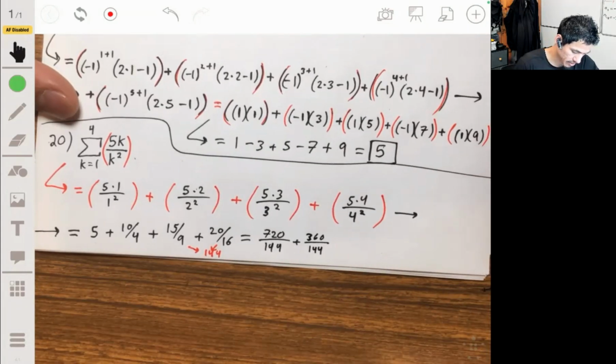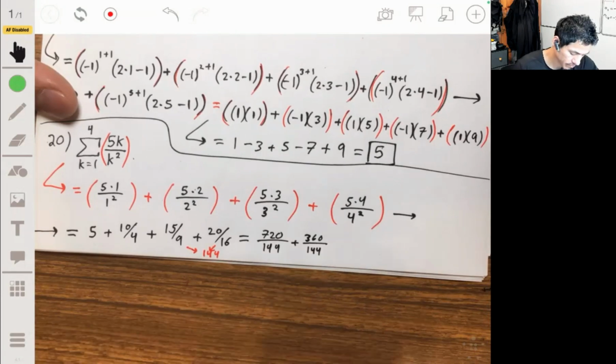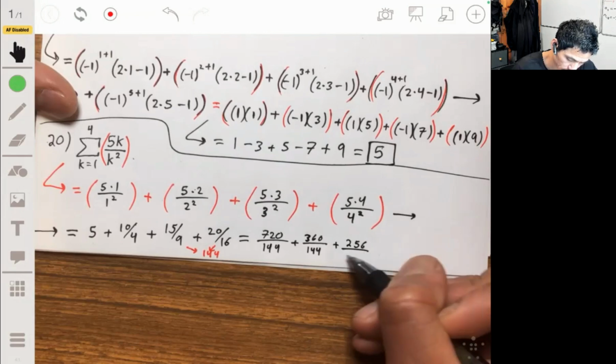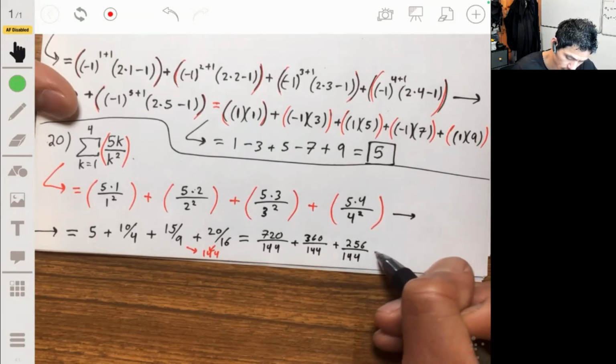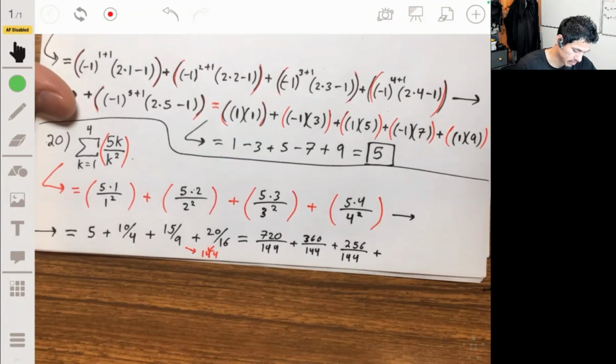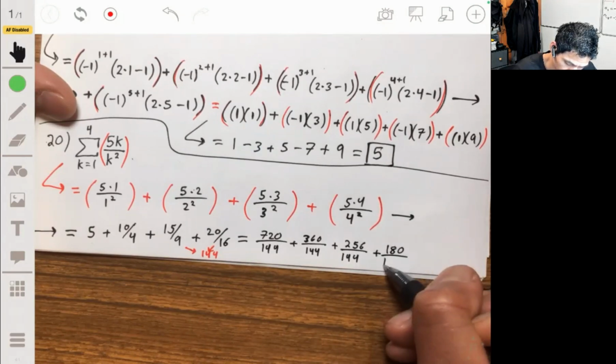And then 15 times 16 is 240 over 144. And then 20 times 9, you have 180 over 144.